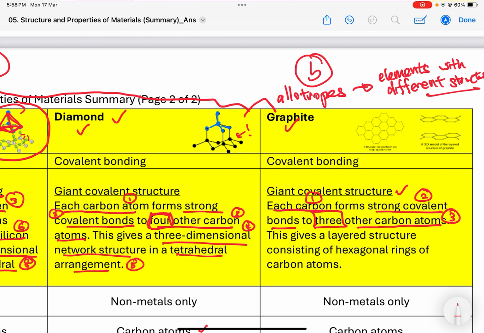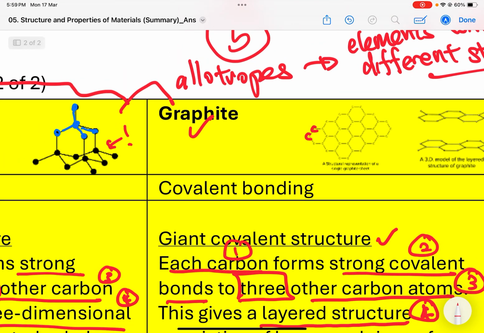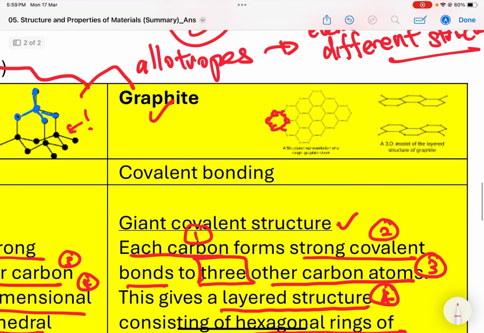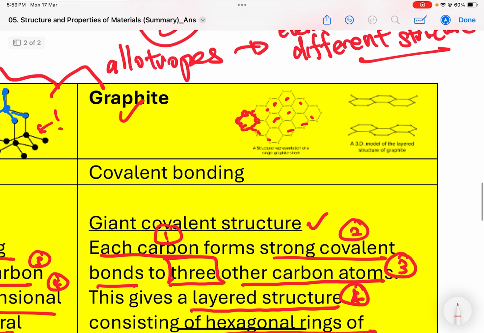And look at the description here, it gives a layered structure, consisting of what? Hexagonal rings of carbon atoms. If you look at the diagram here, this is a carbon, carbon, carbon, carbon, carbon, carbon. It forms a hexagonal ring. That's what they are highlighting here, hexagonal ring, right? And the ring extends. Okay, so you can see the hexagonal rings. And now, take note, they are in layers.